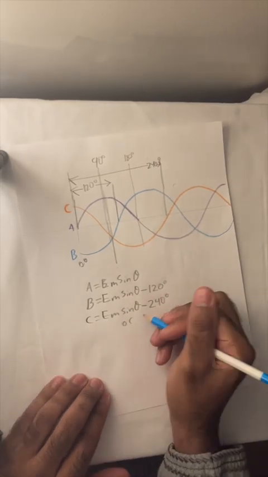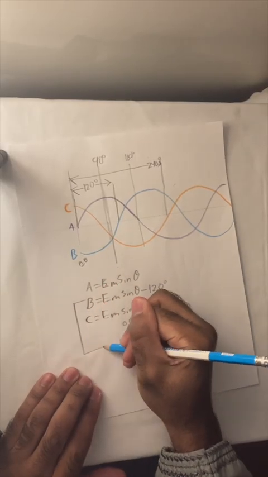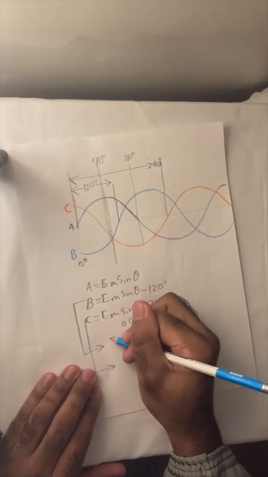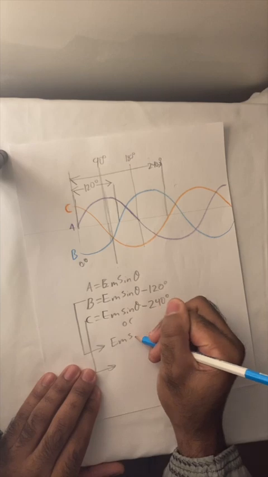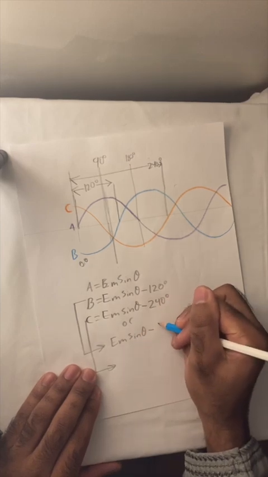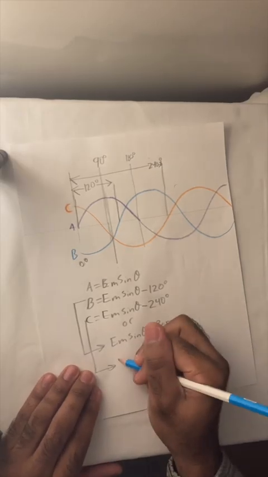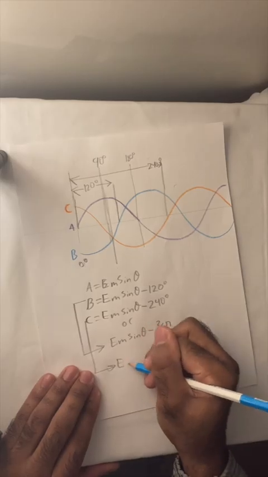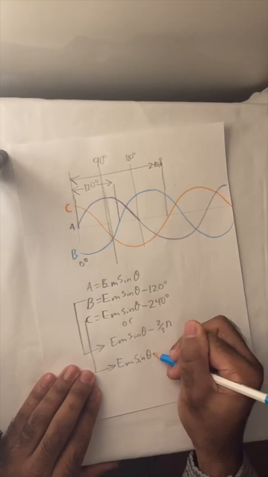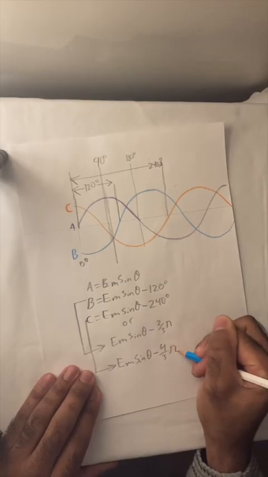Or we could express this as Em sine theta minus 2/3 pi. C is equivalent to Em sine theta minus 4/3 pi.